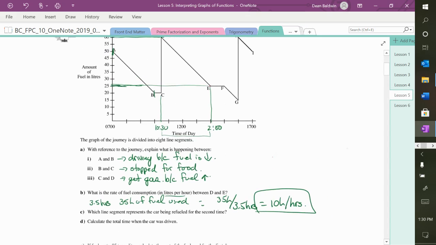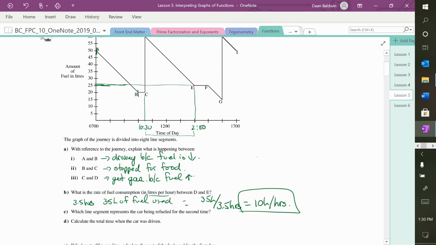Where do they refuel for a second time? G to H, when it goes back up.